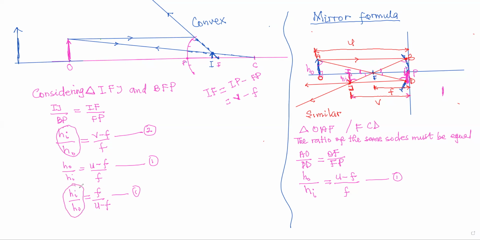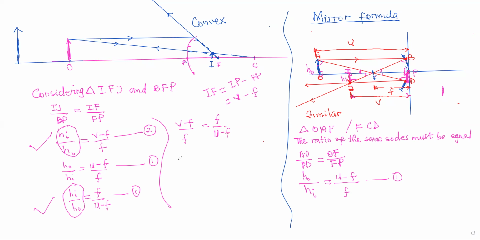Yes, sir. Once the left-hand sides are the same, we can equate their right-hand sides. So V minus F over F is equal to F over U minus F.